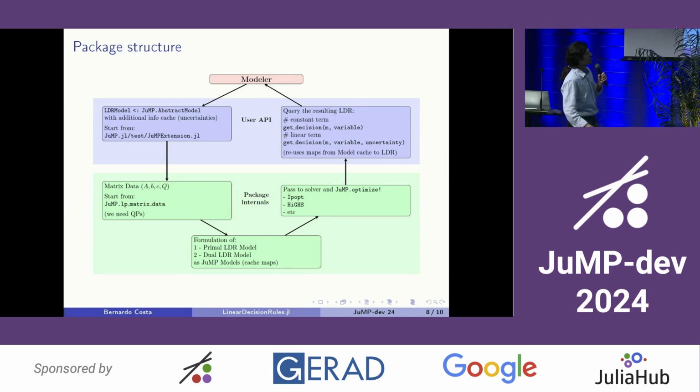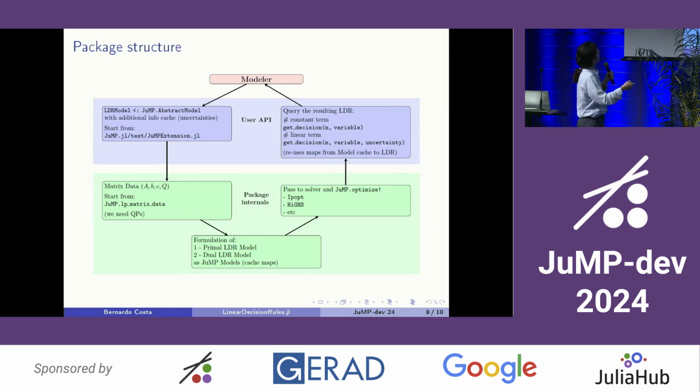And so how does the package itself work? Our point here was having something that's easy to understand so that you can hack upon everything. So if you're the modeler, you write this LDR model, which is a subtype of abstract model. It reads your model and builds some extra caching information for you to be able to extract all the components that you're going to need when you build this linear decision rule.